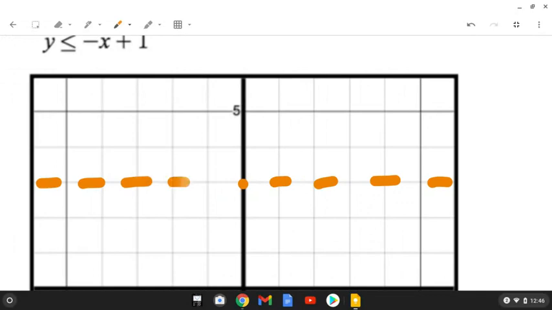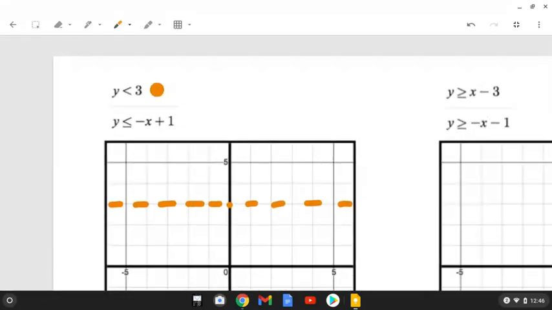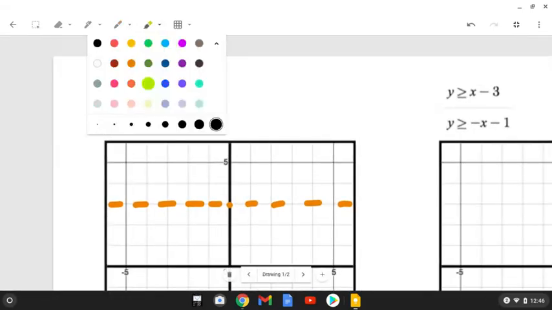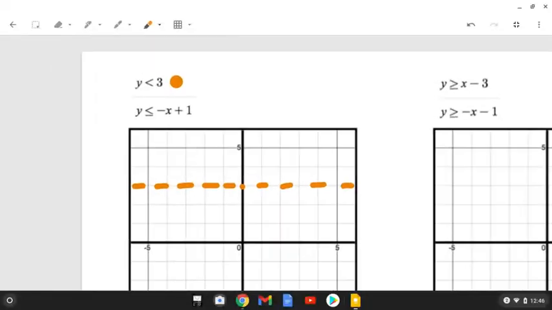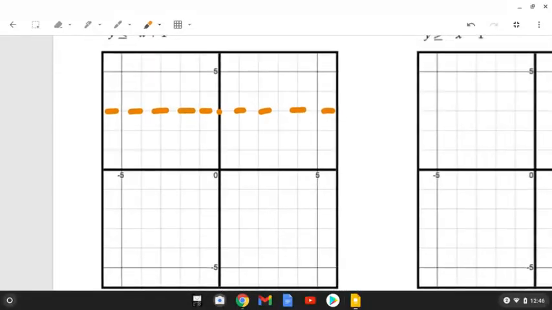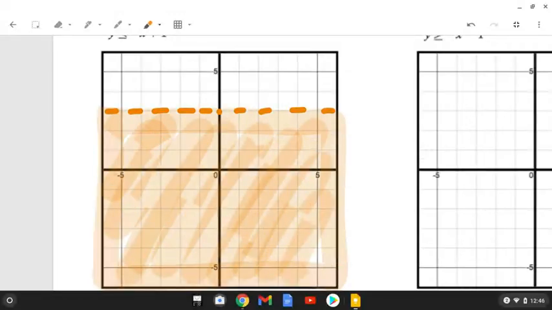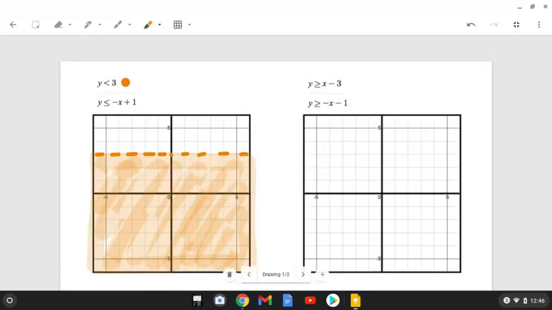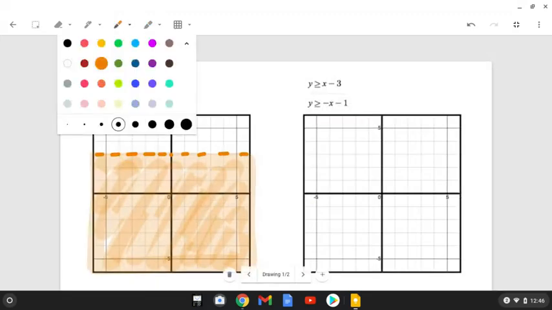And it's less than, which tells me I'm going to shade below. Less than, you shade below. So let's shade all of this area down here. Isn't that pretty? Art class. Love it.